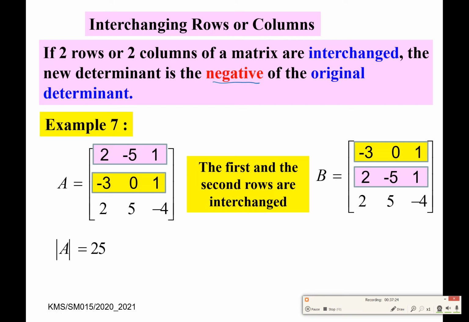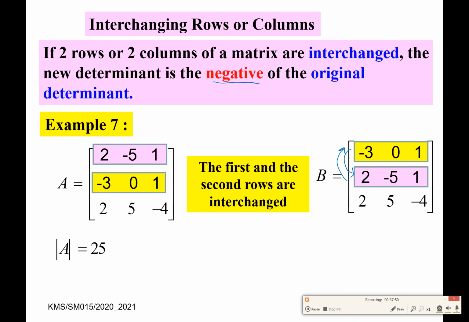So let's see here. You are given A, 2, negative 5, 1, negative 3, 0, 1, and 2, 5, negative 4. Here the determinant of A is 25. The first and the second rows are interchanged, so we just change this.